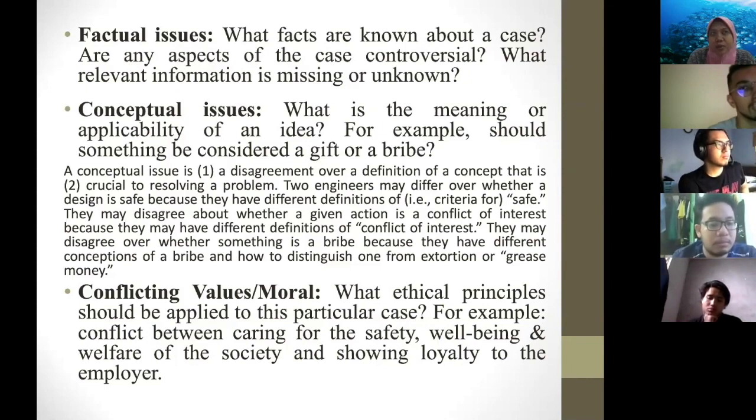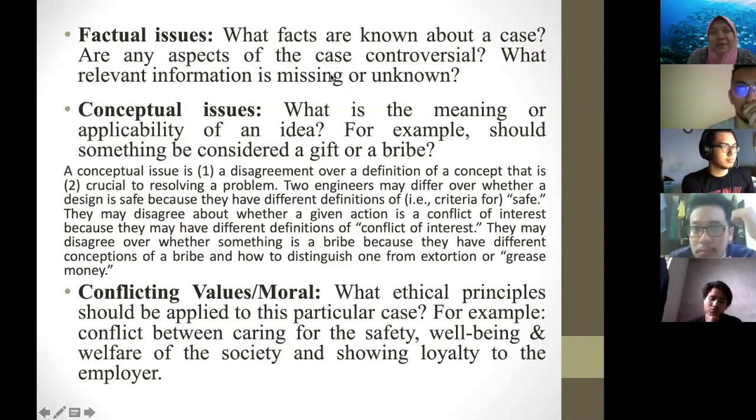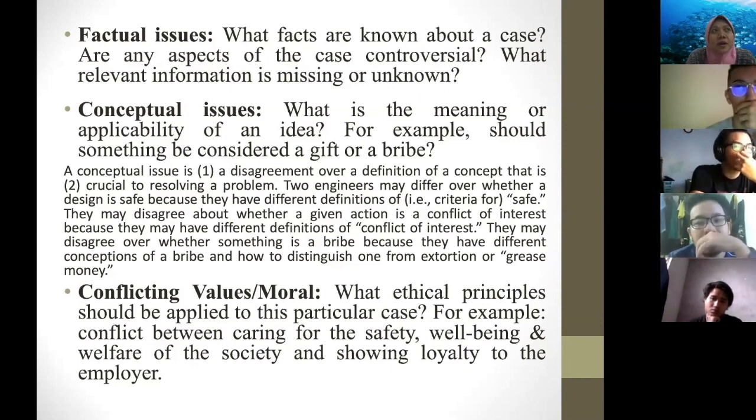Conceptual is different. It's something that you think might be happening. For factual issues, you state what the facts are inside the case study. Is any aspect of the case controversial? What relevant information is missing or unknown? So maybe you can write that the factual problem is that the report of the dumping of the toxic waste is missing.